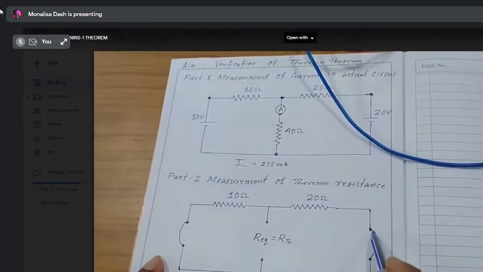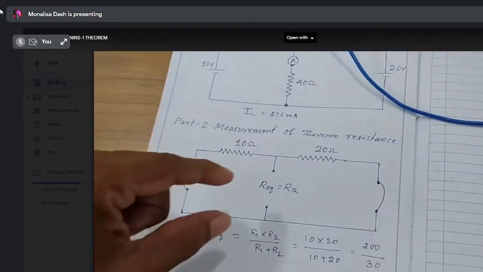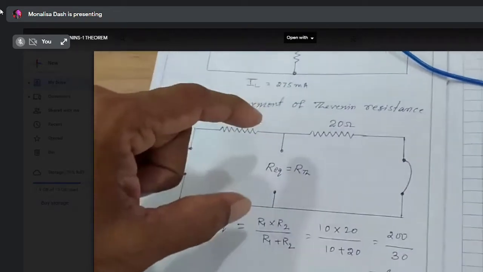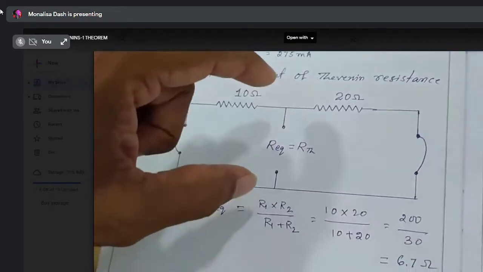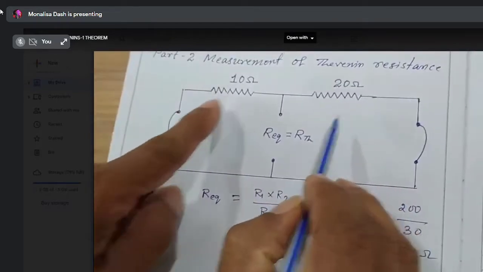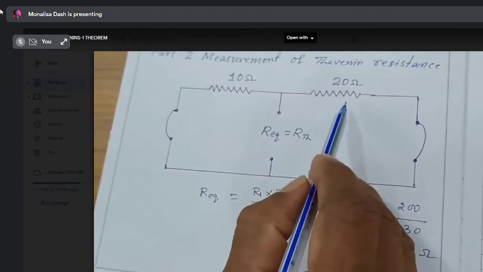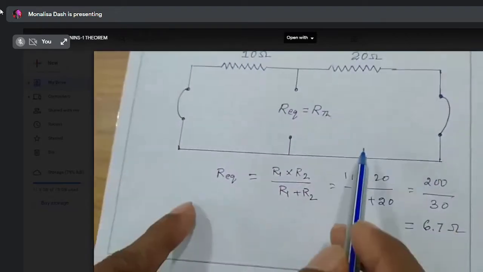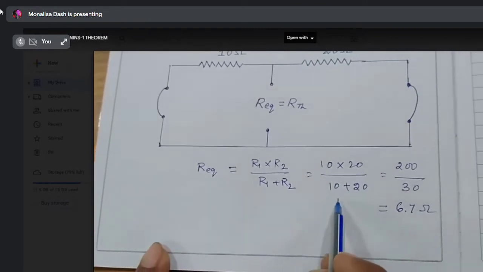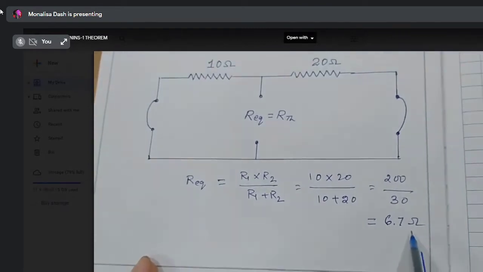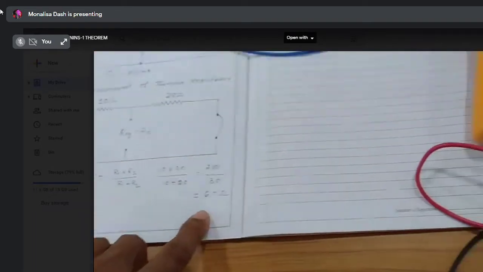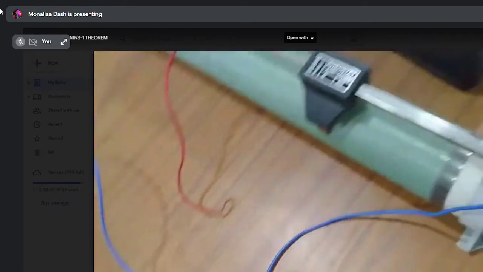Similarly, in the second voltage source, short this, and here you have already removed the load resistance, to measure the equivalent resistance or Thevenin resistance across this point. In these circuits, these two resistances, 10 ohm and 20 ohm, are connected in parallel. The equivalent parallel resistance is 10 into 20 divided by 10 plus 20, equal to 6.7 ohms. So we have to check whether this resistance is equal to our practical resistance or not.